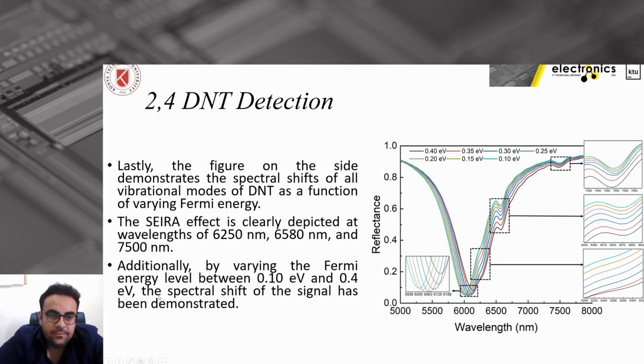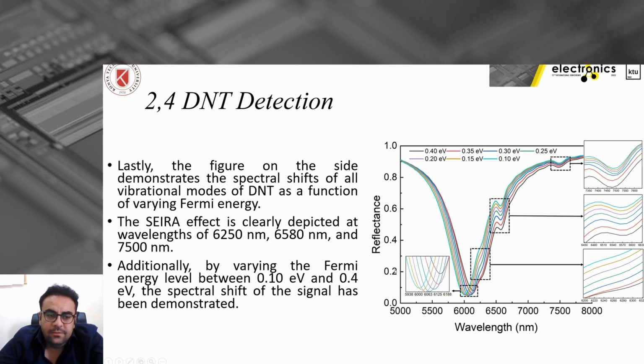And lastly, the figure on the side demonstrates the spectral shifts of all vibrational modes of DNT as a function of varying Fermi energy. The SEIRA effect is clearly depicted at wavelengths of 6,250 nanometer, 6,580 nanometer, and 7,500 nanometer, as shown in this figure.